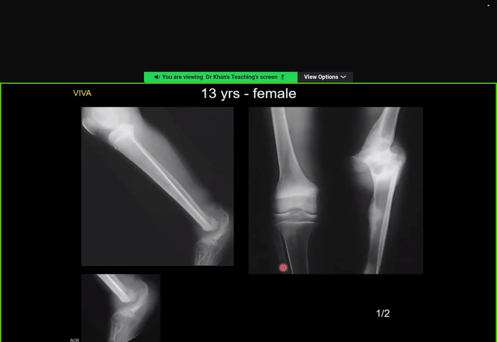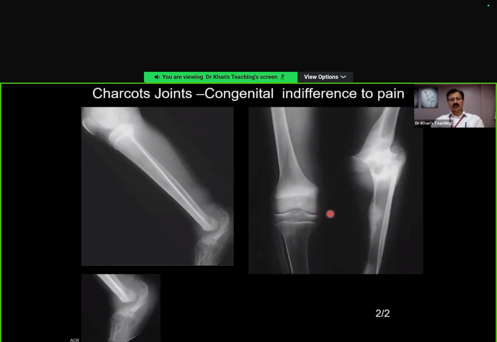In a 30-year-old female patient, my top differential will be congenital inability to feel pain. Okay, so there is an entity we call congenital indifference to pain. These children do not feel any pain, and they jump from heights, they show off actually.